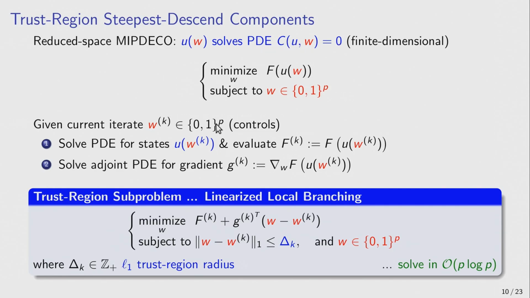When I'm given a particular control, I can solve my partial differential equation for the state variables. So to get u of wk, I need to solve my partial differential equation given the wk. And then once I have that, I can evaluate my objective function.